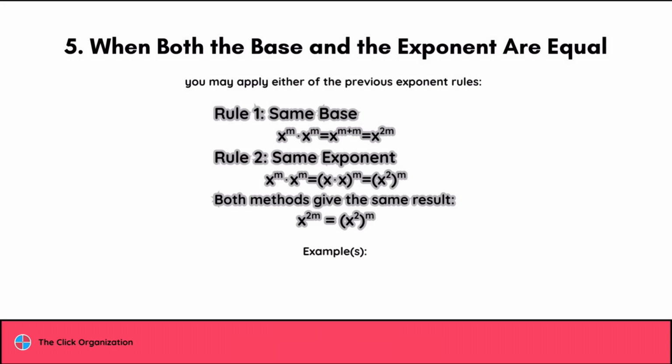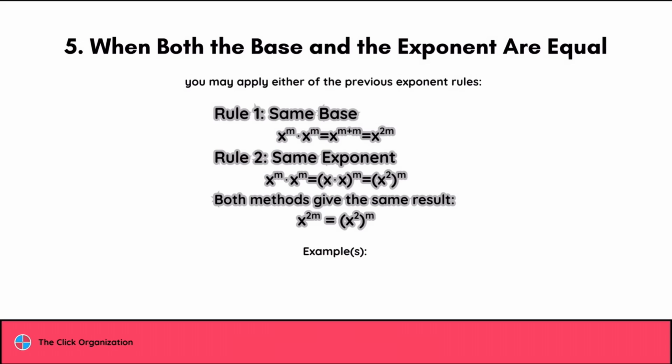Starting with the fifth rule: when both the base and the exponent are equal, you may apply either of the previous exponent rules. Up until here, we've learned two rules. One rule talked about when the bases were equal, and one of them talked about when the exponents were equal.